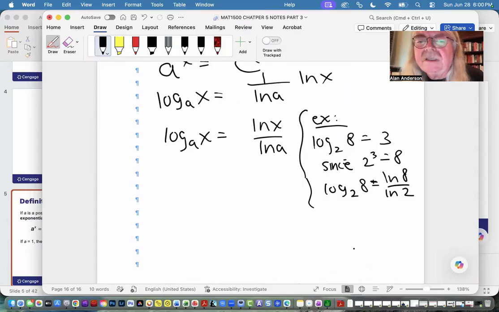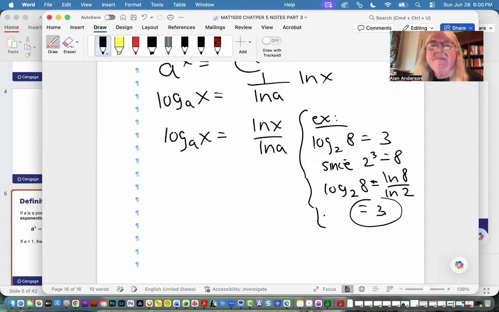Yes, it is. It's 3. So this will work for every base. But we've run into this one before, maybe without realizing it.